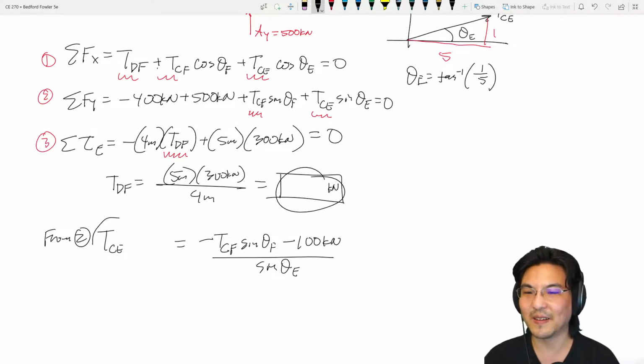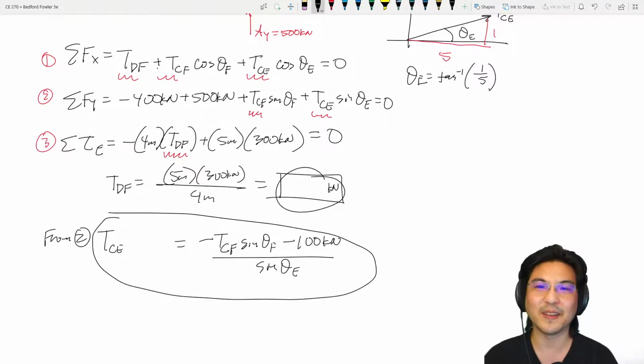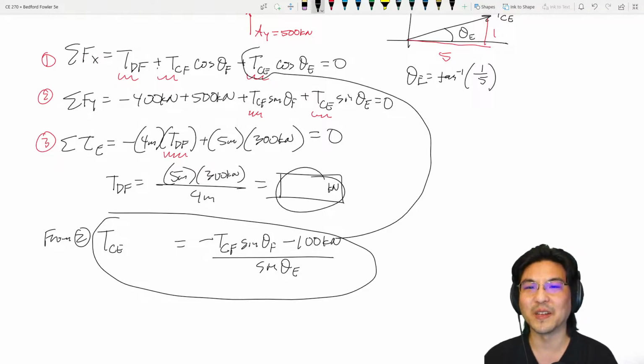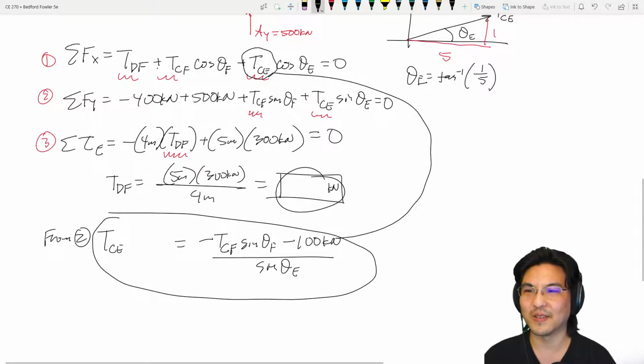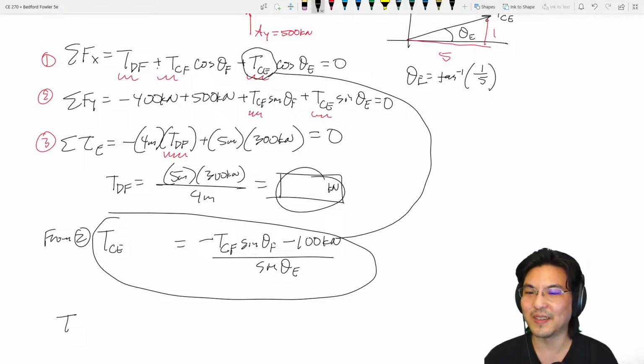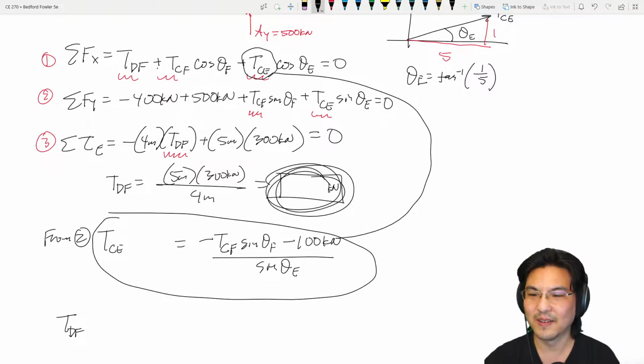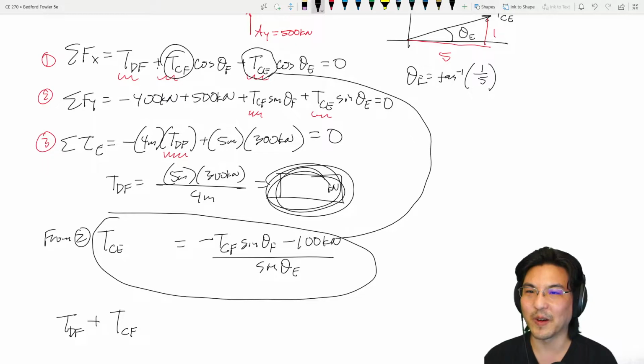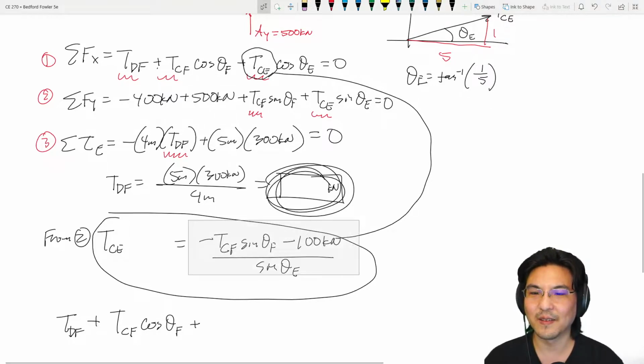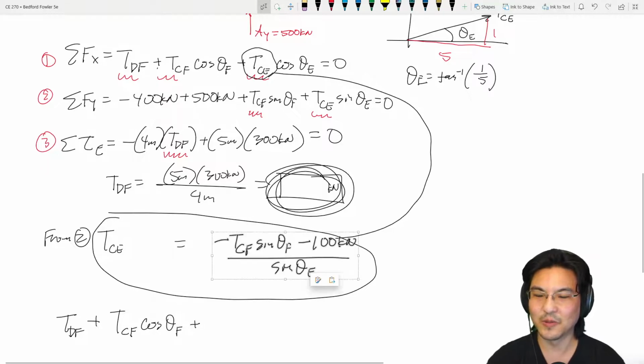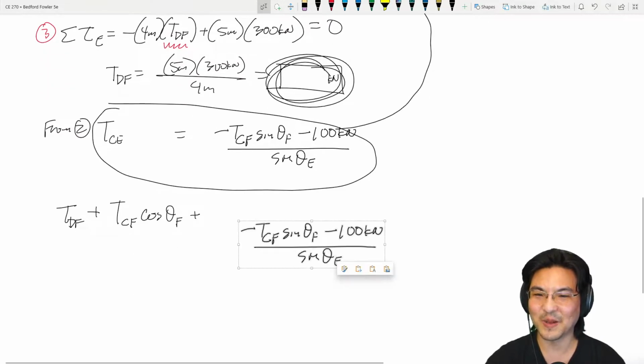So there's TCE. Now take this and plug it into equation 1. So plug into equation 1: TDF, which you know the answer from right here, plus TCF cosine theta F, plus TCE, which is this. I'm just going to copy it and paste it.